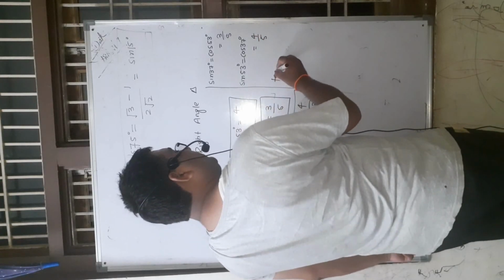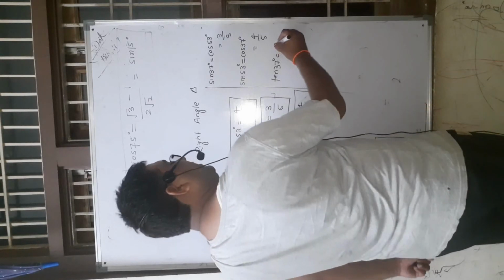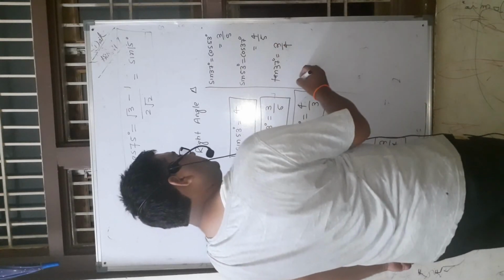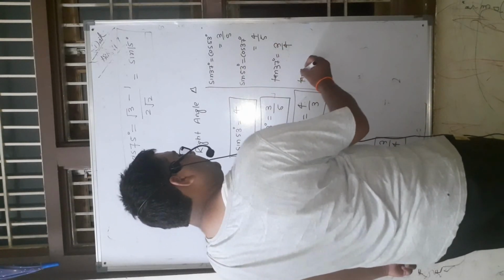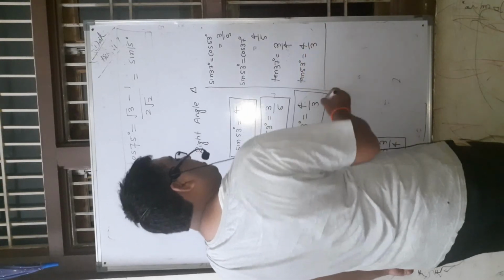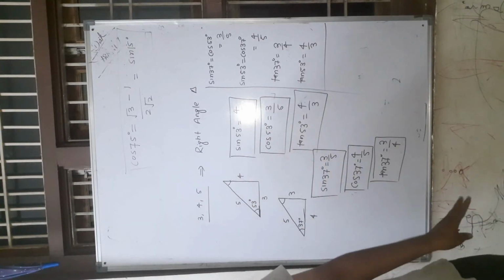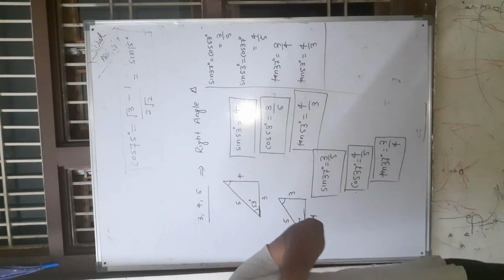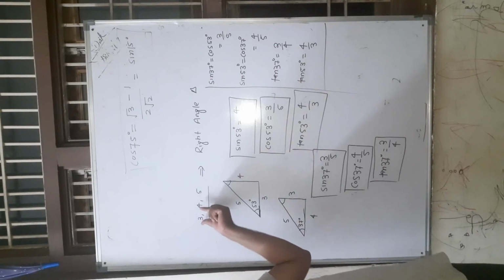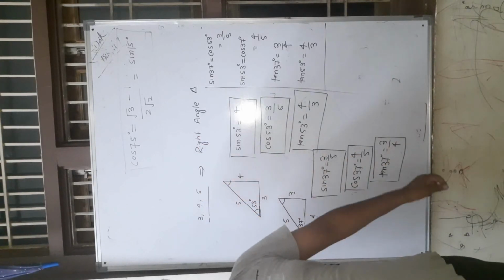Tan 37, in tan, smaller the angle, smaller the value, 3/4. Tan 53 degree, larger the angle, larger the value, 4/3. So guys, remember these angles also. These are very important angles according to physics. If three sides are given as 3, 4, 5, these sides represent a right angle triangle.